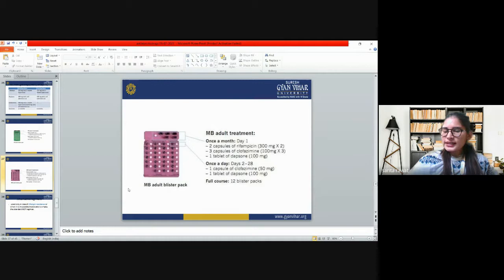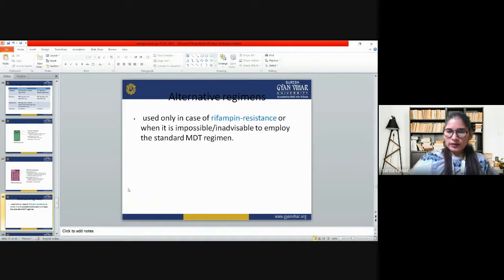Then once a day, days 2 to 28: 1 capsule of clofazimine, 50 mg, and 1 tablet of dapsone, 100 mg. For the full course we have to use 12 blister packs in the multibacillary adult blister packs.